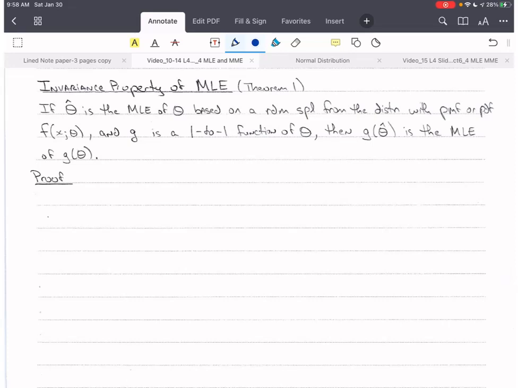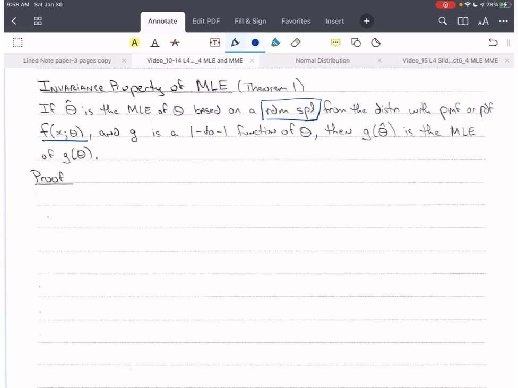So let's say that theta hat is the MLE of theta, a population parameter, and this is based on a random sample from the distribution with a PMF or PDF that's f of x and theta. Now, random sample is actually assumed in this class, because it's the only case we're dealing with.